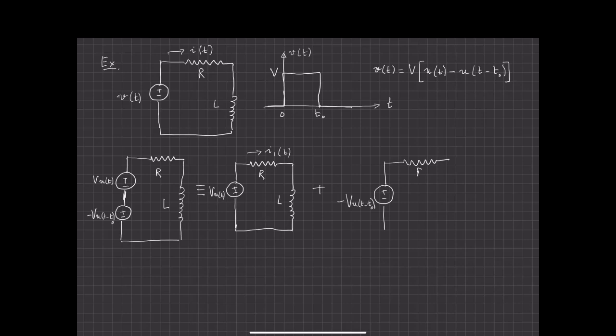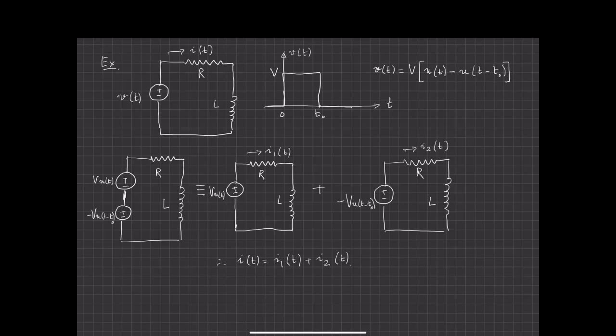This is R. This is L. And this current, this response, I will call I2 of t. And therefore, I of t is going to be, by superposition, I1 of t plus I2 of t. All right?